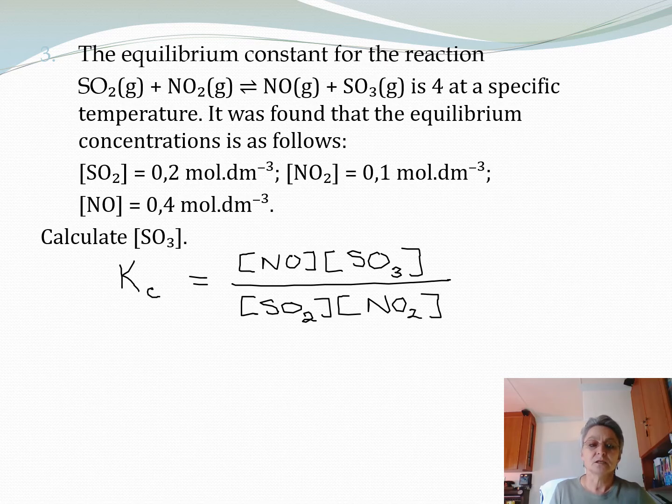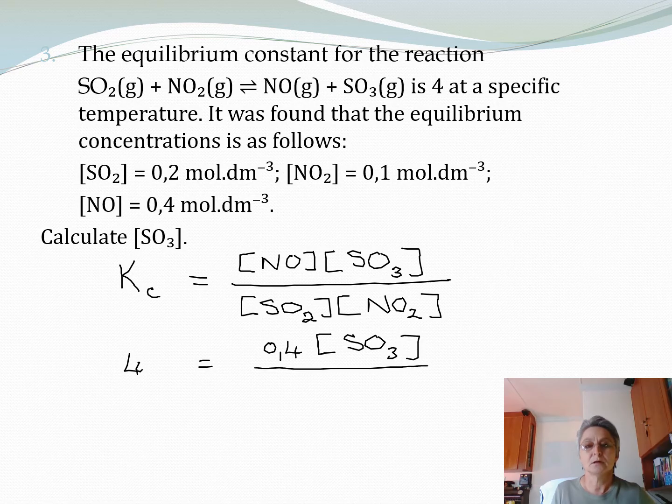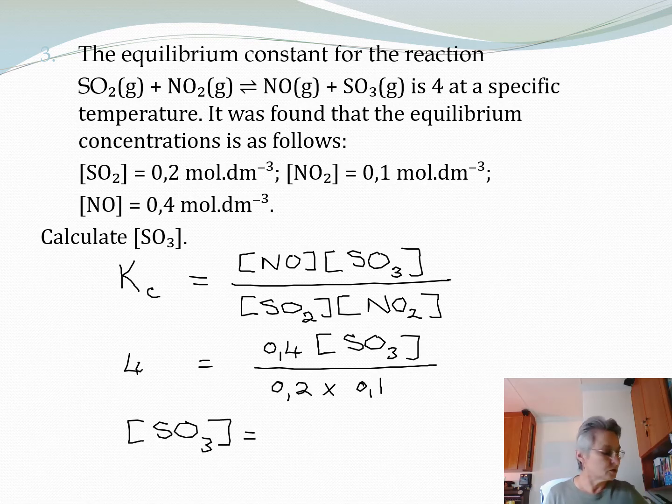Kc is 4, the concentration of nitrogen monoxide is 0.4, I don't know the concentration of sulfur trioxide, and we have sulfur dioxide 0.2 and nitrogen dioxide 0.1.